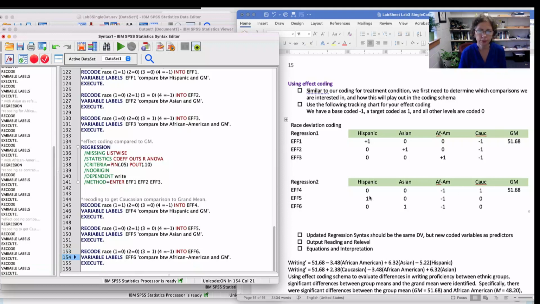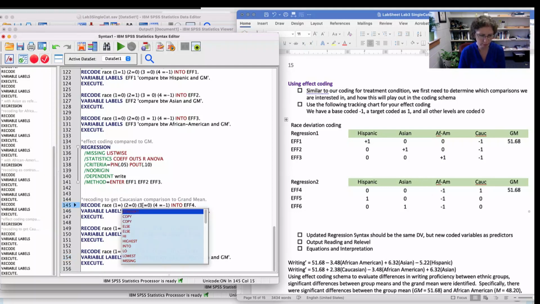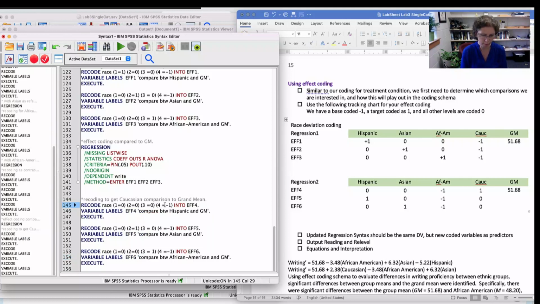So for F4, I want 0, 0, -1, +1. And it's going to be comparison between Caucasian and grand mean.